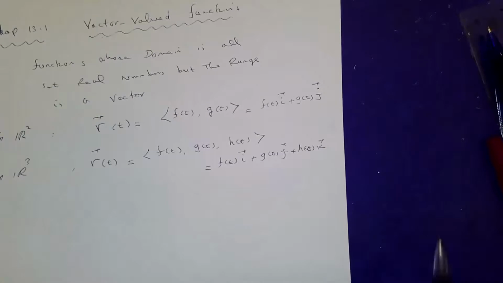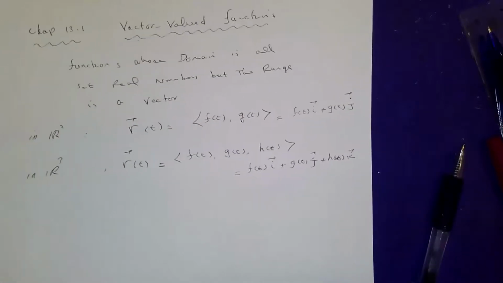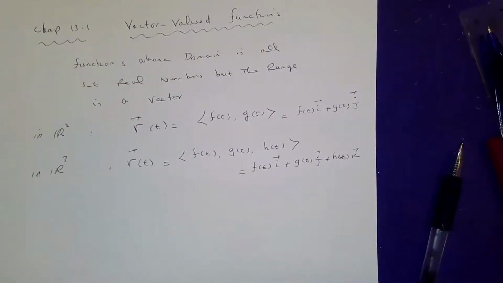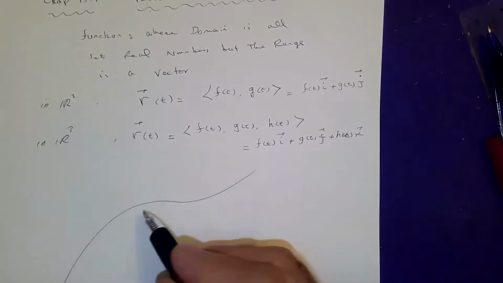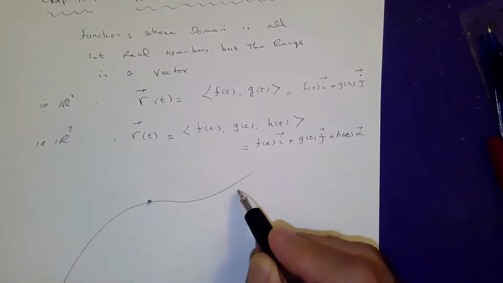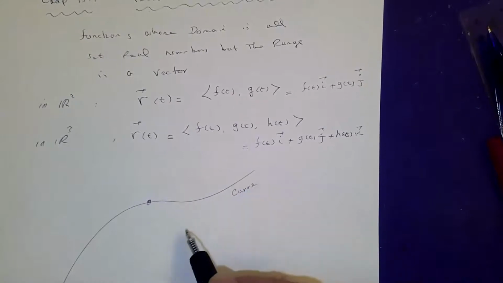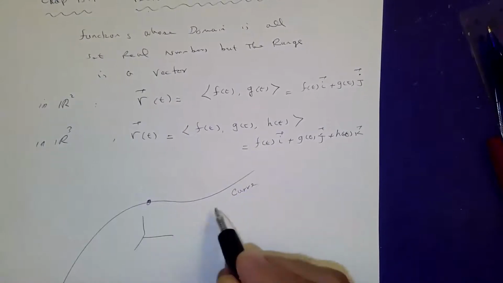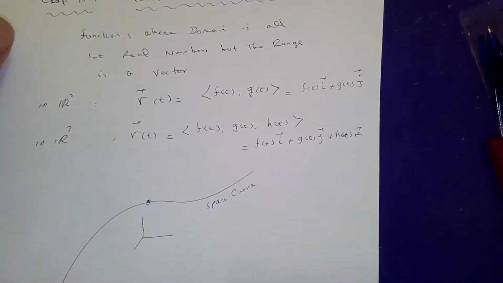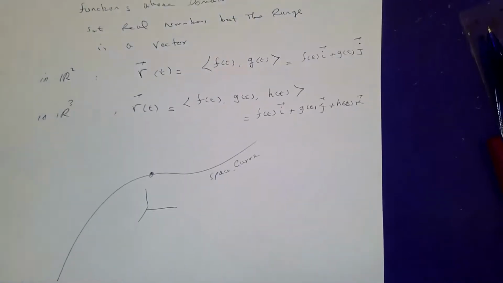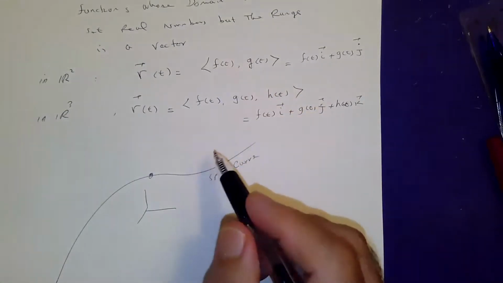So what would be the application of these kinds of functions? Well, it's mostly in motion problems, when you have a moving object on a space curve. These are called curves, but if you are in 3D, we call them space curves. These functions can be written parametrically.